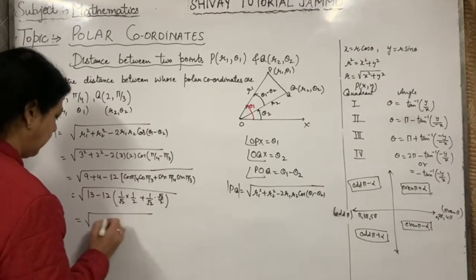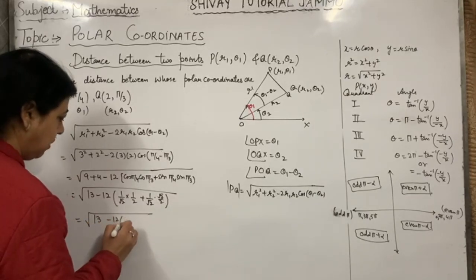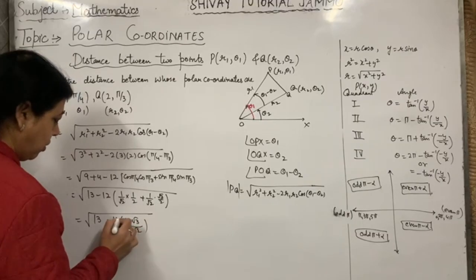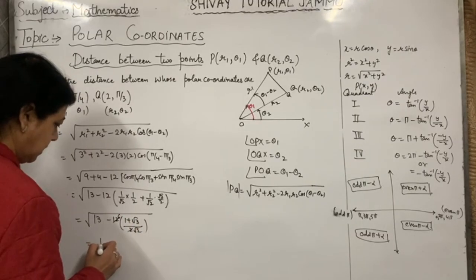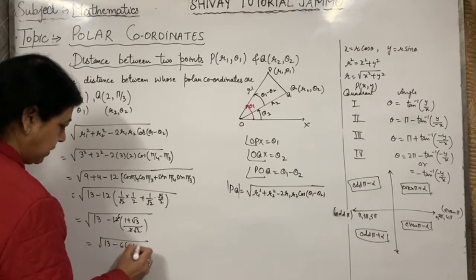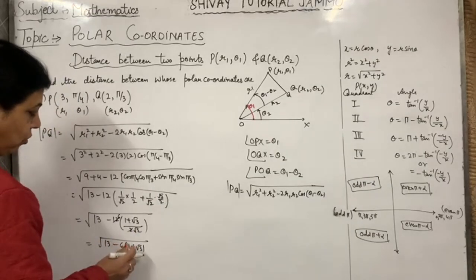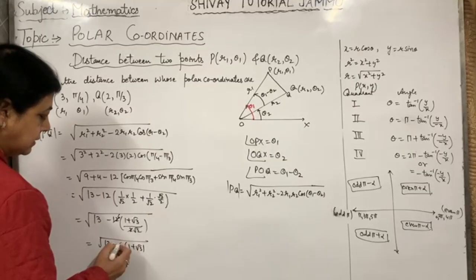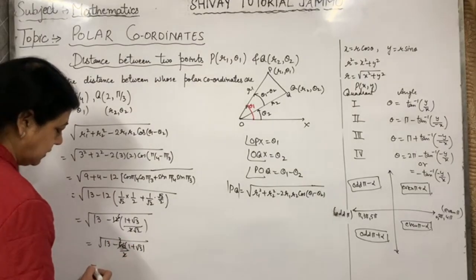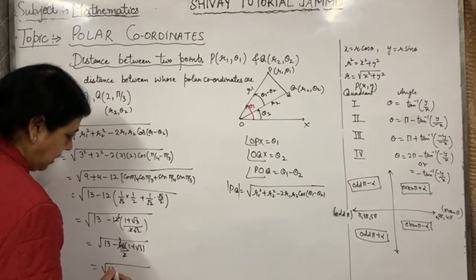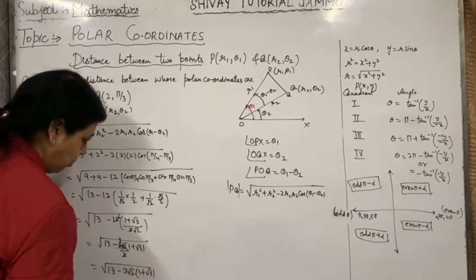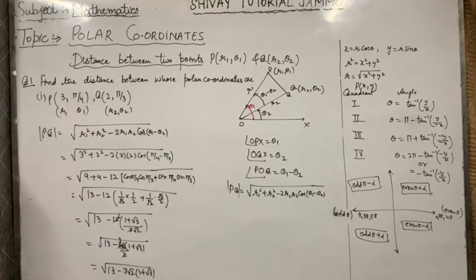Then it will be 13 minus 12 times (1 plus root 3) upon 2 root 2. 2 will cancel. 13 minus 6 (1 plus root 3). If we rationalize root 2, it will become 6 root 2 upon 2. I will cancel this. Then it will be 13 minus 3 root 2 into (1 plus root 3). This will be the answer.